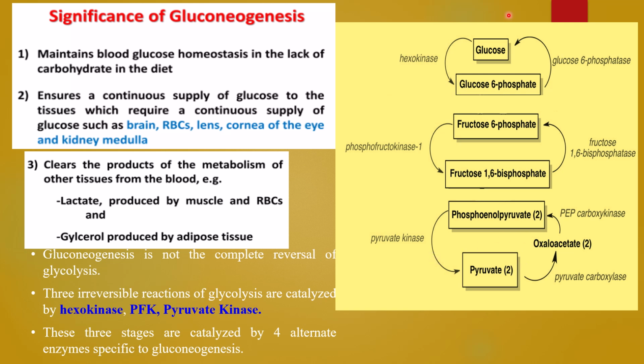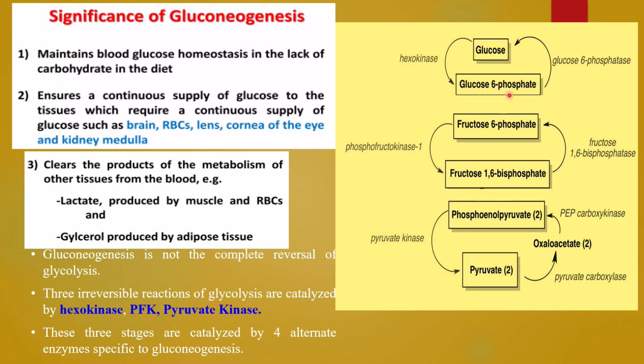But it's not a complete reversal of glycolysis due to the differences in the enzymes carrying out the steps in the reverse direction. So we will see the differences between glycolysis and gluconeogenesis. The first step of glycolysis is glucose to glucose 6-phosphate, mediated by hexokinase.